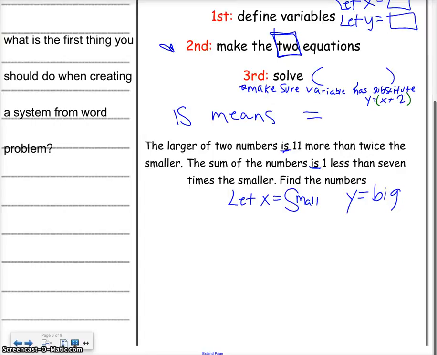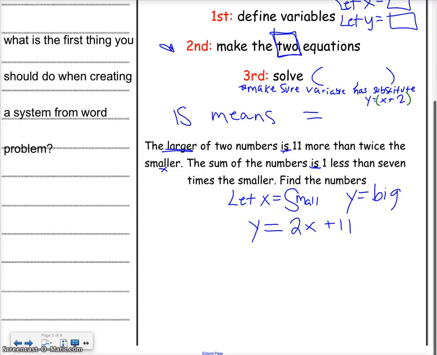This is the step that's going to stress you out. It's not concrete. You have to just remember math vocab words and that you're looking for 2 equations. So the larger of 2 numbers, so that means y, is 11 more than twice the smaller. Smaller was x. So it's 2 times the smaller, 2 times x, plus 11.